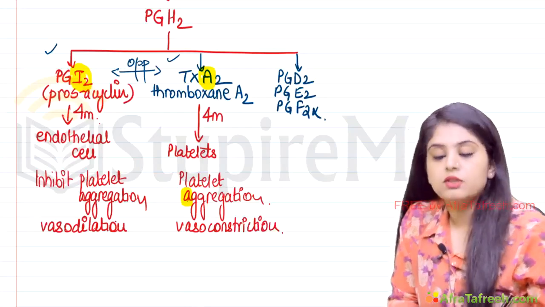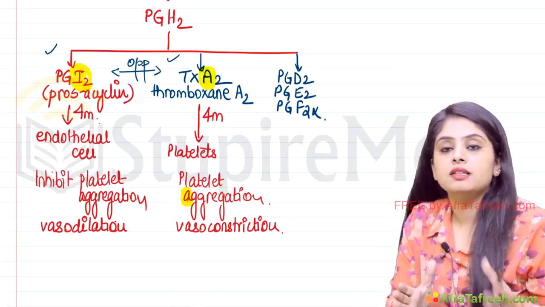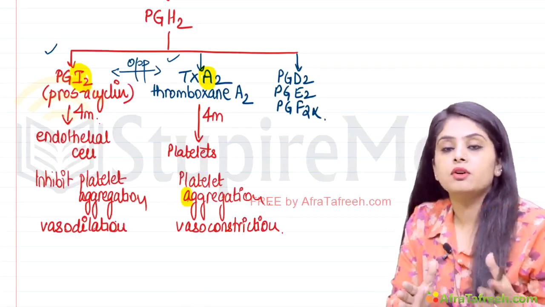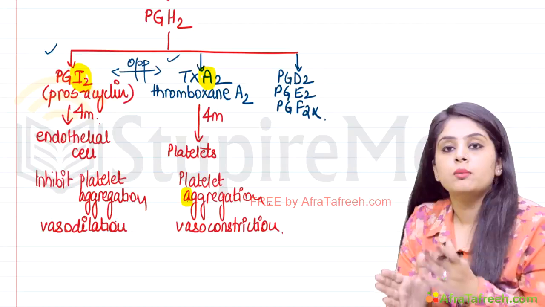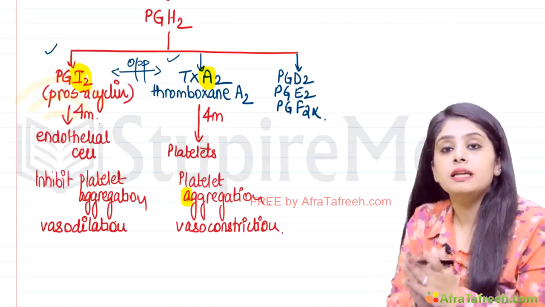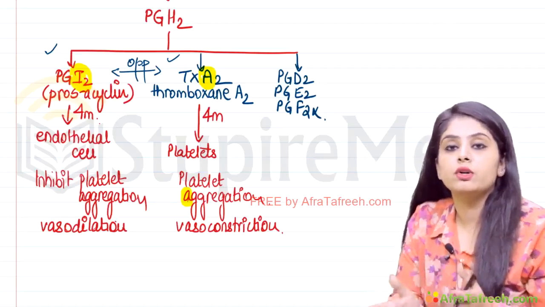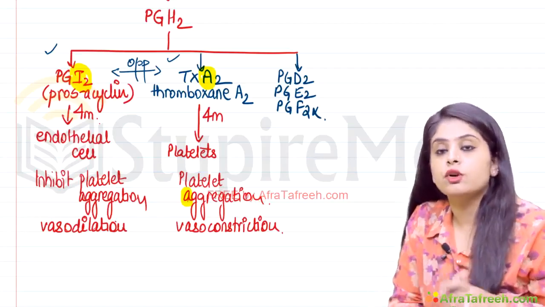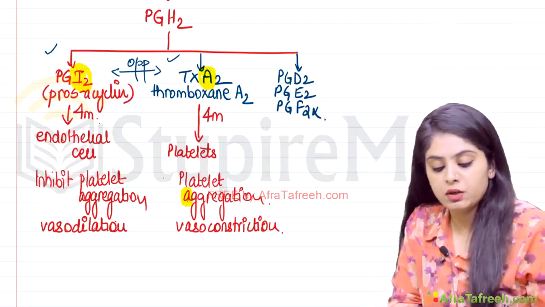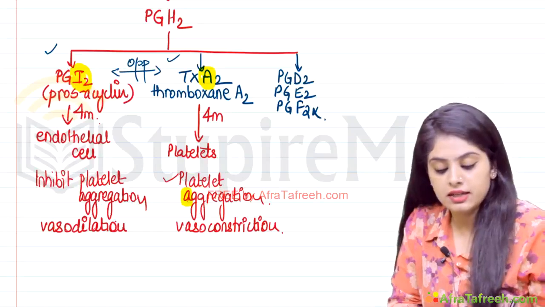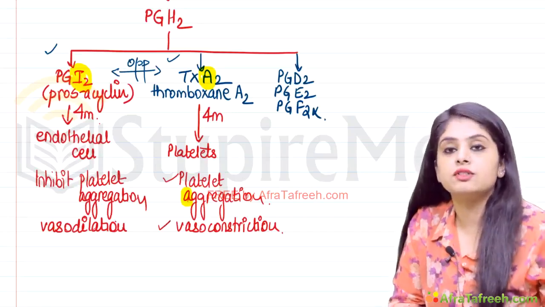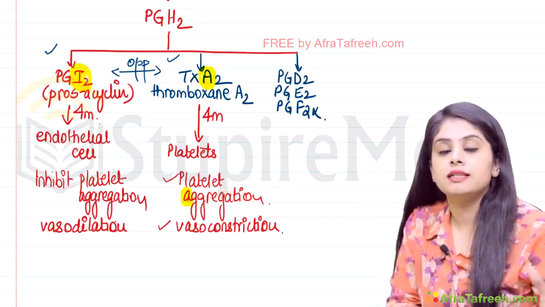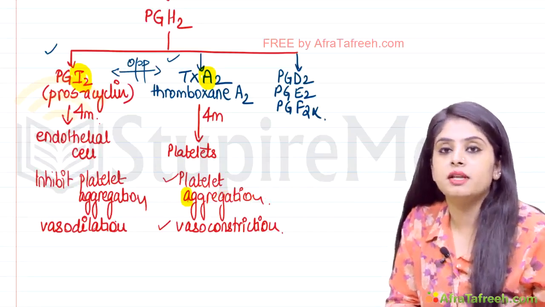So students, you just need to remember any one of these and the other one becomes the complete opposite or the antagonistic action. Prostacyclin is going to inhibit platelet aggregation, is going to cause vasodilation. So thromboxane A2 becomes the complete opposite, platelet aggregation and vasoconstriction. So these are three very important MCQs that have been asked in the previous years as well.